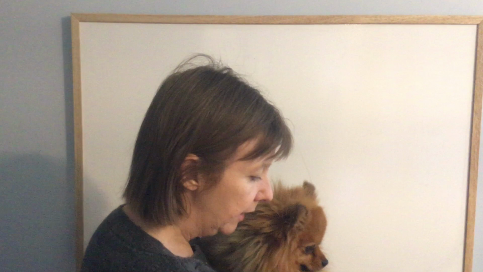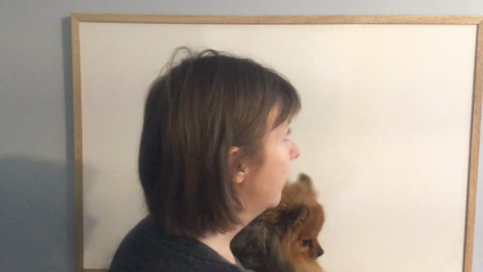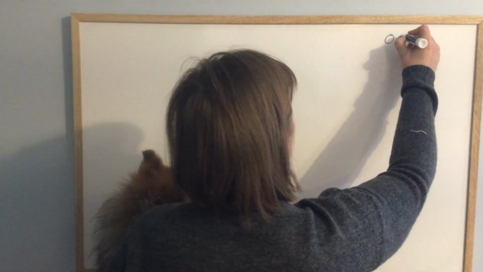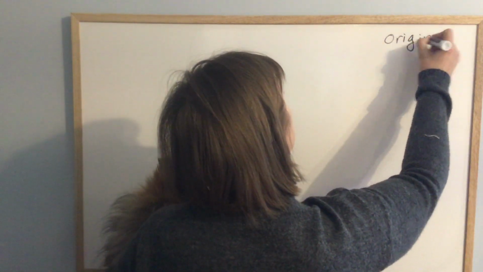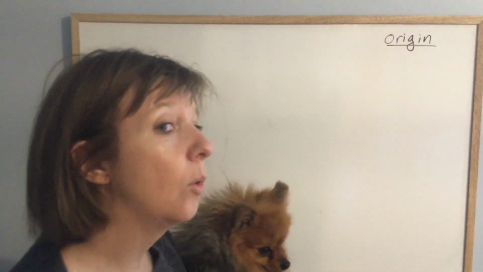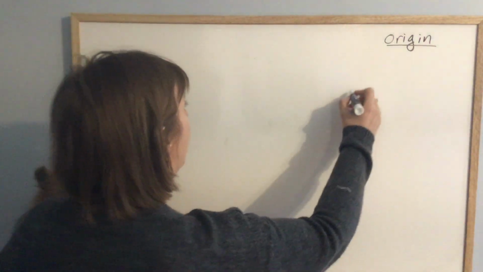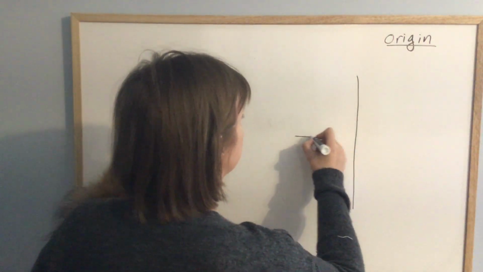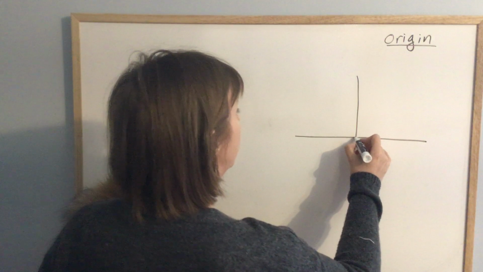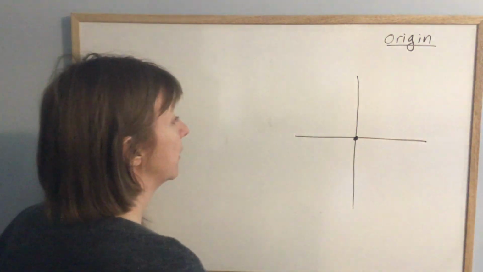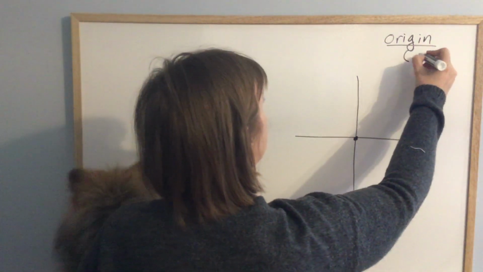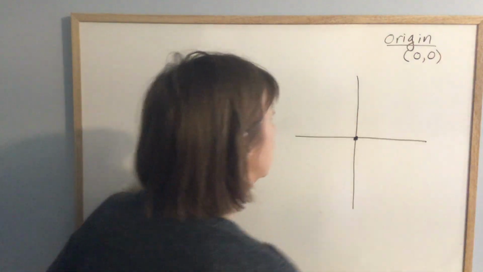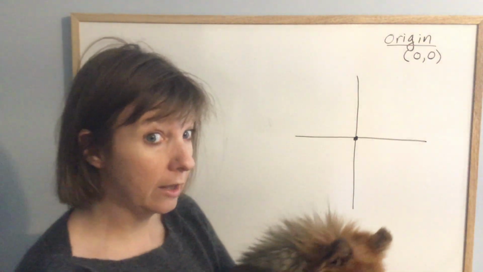All right, so in example number 1, we're going to show you what we're talking about here. It says determine the shortest distance from the origin. Whenever we talk about the origin on a graph, what we mean is this point right here, the point where the axes cross, which would be 0 and 0.